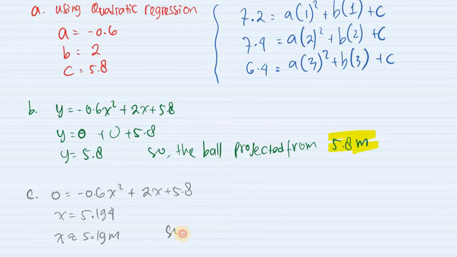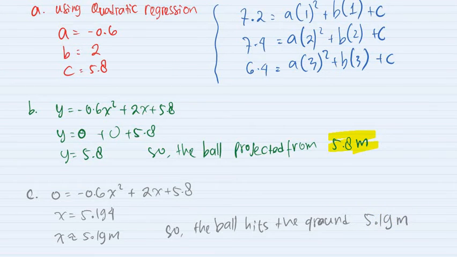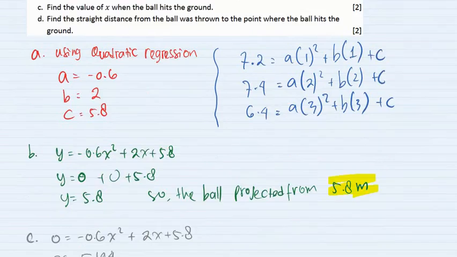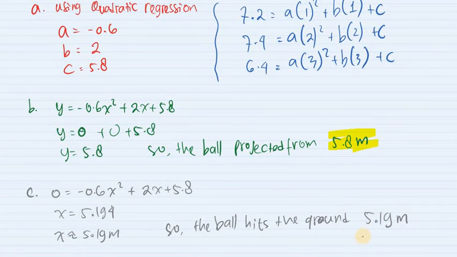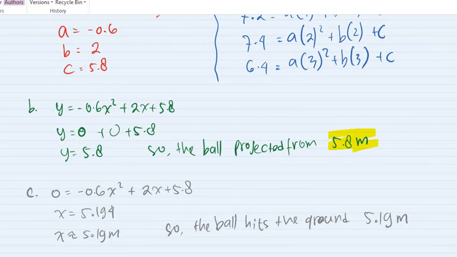So the ball hits the ground 5.19 meters from the origin, from the 0. Okay, let's mark that one.